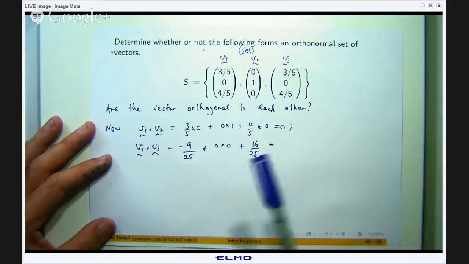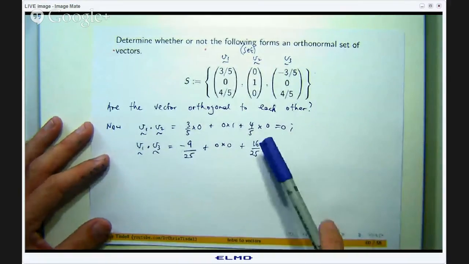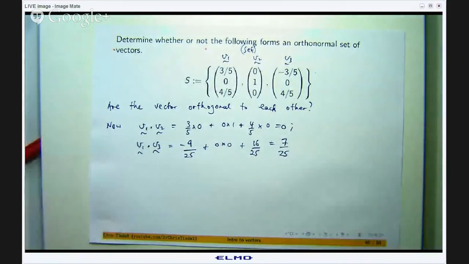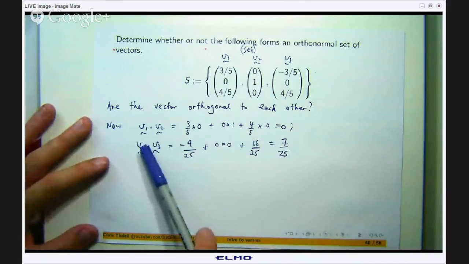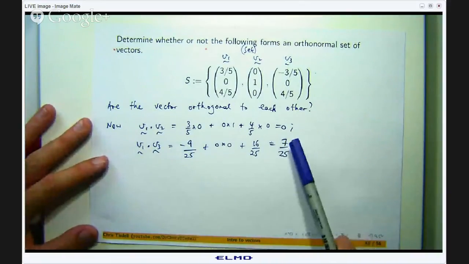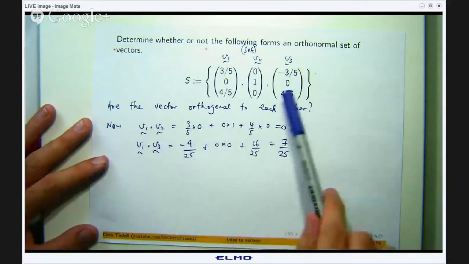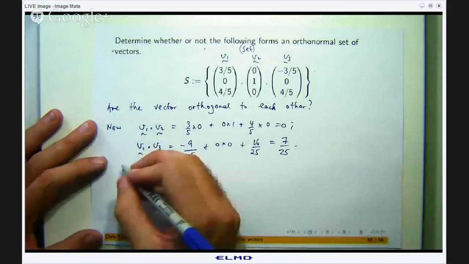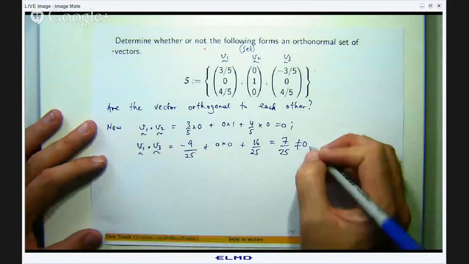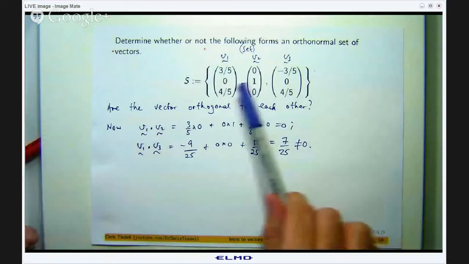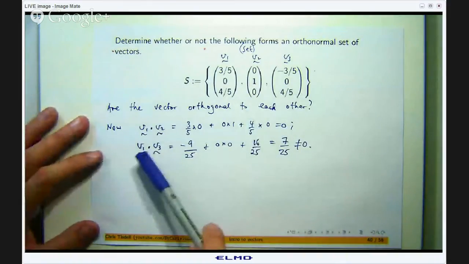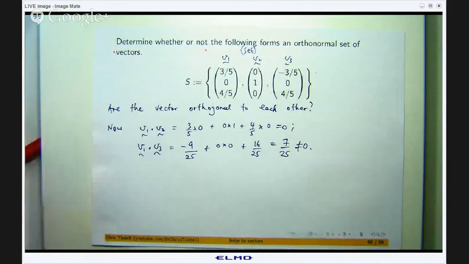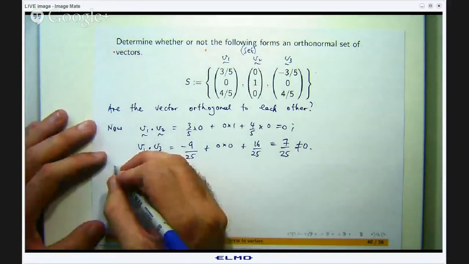Okay, so what do we get here? We get something like 7 on 25. So because this isn't 0, V1 and V3 are definitely not perpendicular to each other. So we can actually stop now. We can say these two vectors are not orthogonal to each other, and therefore the set cannot be an orthonormal set.